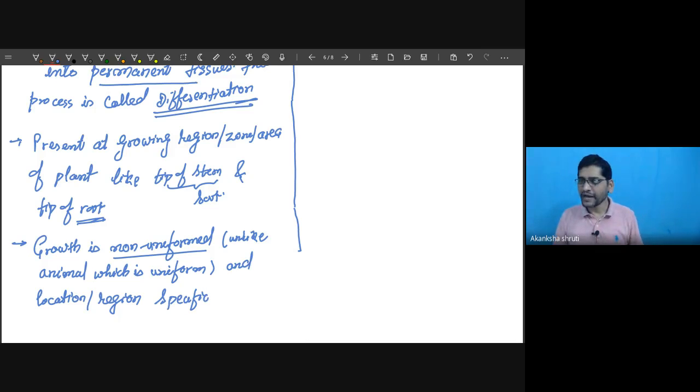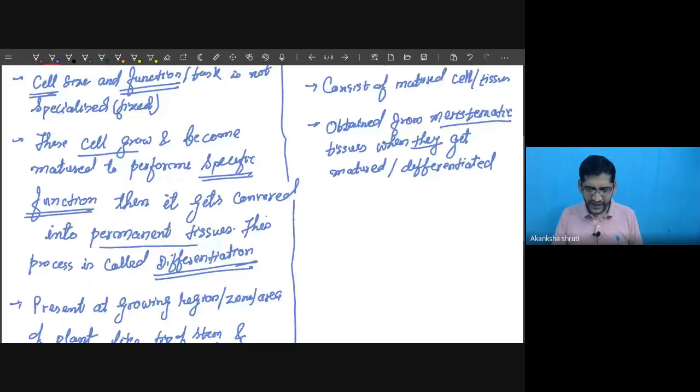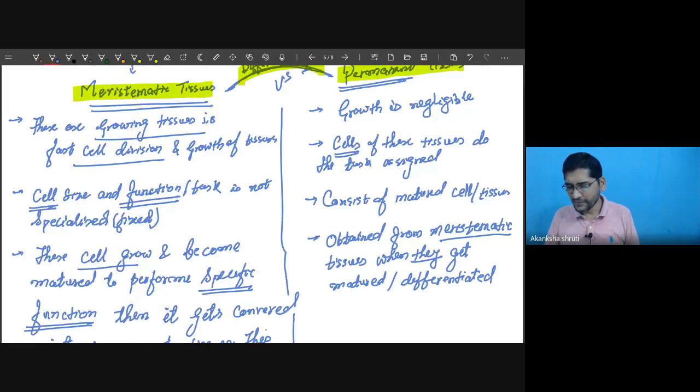Like the bark will form over the stem and the trunk, while the bark of the newborn twig is thinner and soft. So the cork is always formed at the stem in the older region. So these are the important differences between the meristematic and permanent tissues.